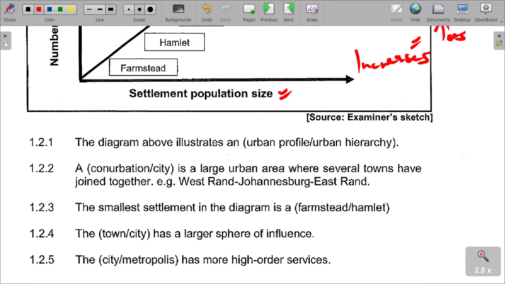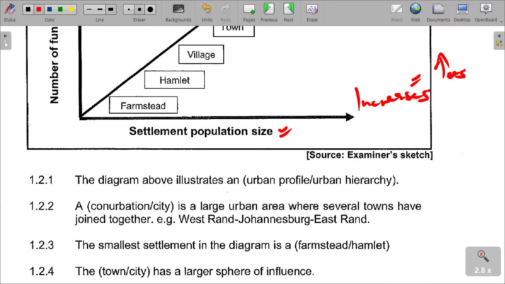So the diagram represents a dash settlement, question 1.2. As you can see, this can be an urban hierarchy.